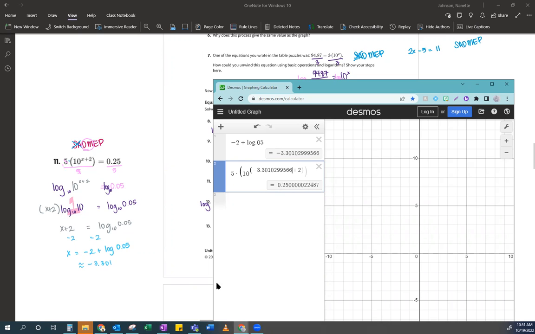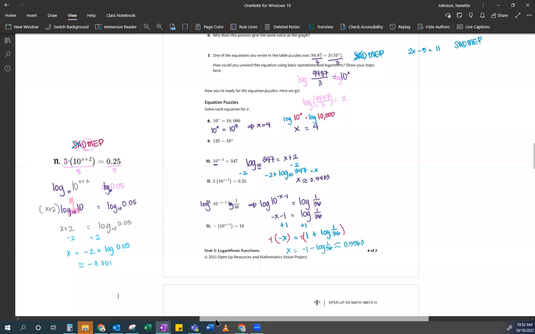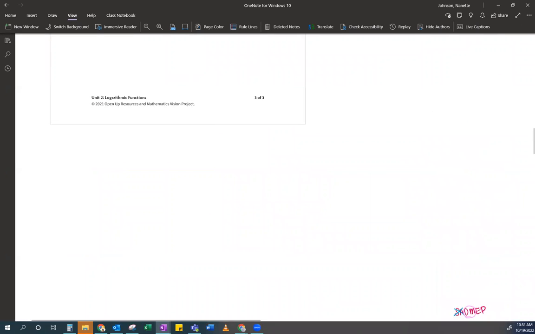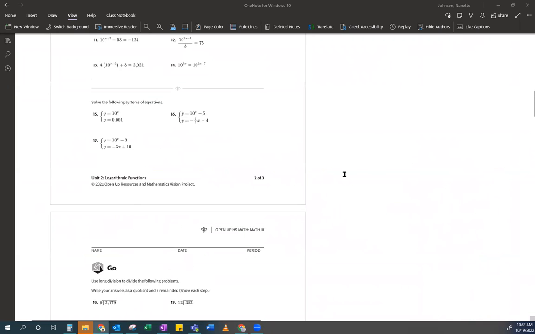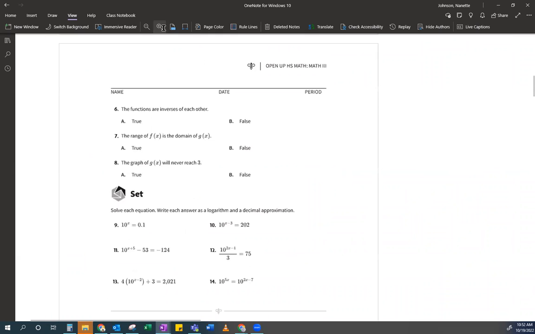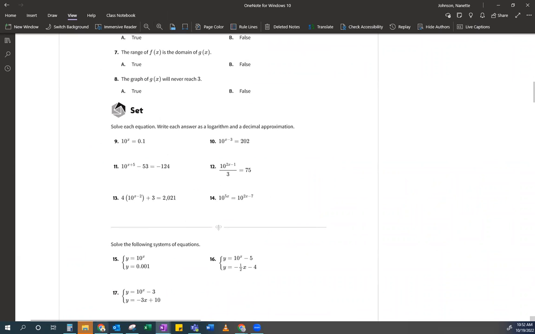All right, so then the next problem that they asked for was number, oh, I lost it. Number 12 and 13 from set. So I'm going to go over here to set, and I'm going to do these problems. Again, these are going to look kind of the same that I did before.